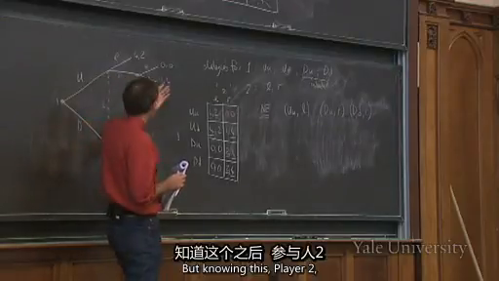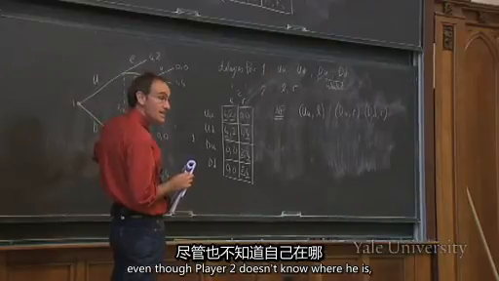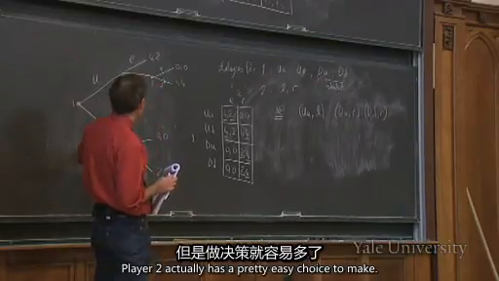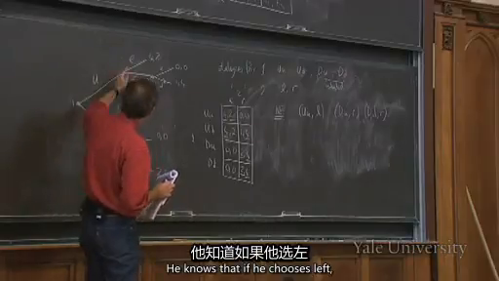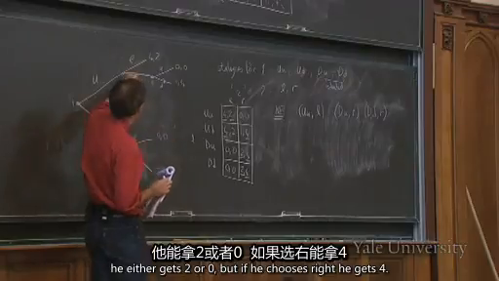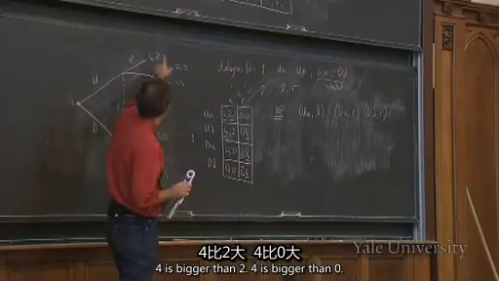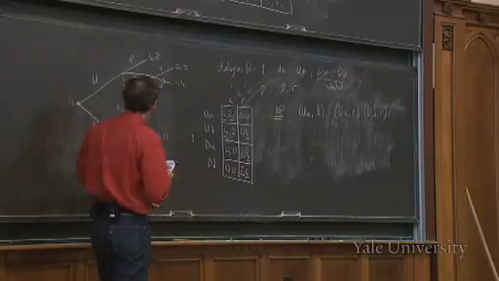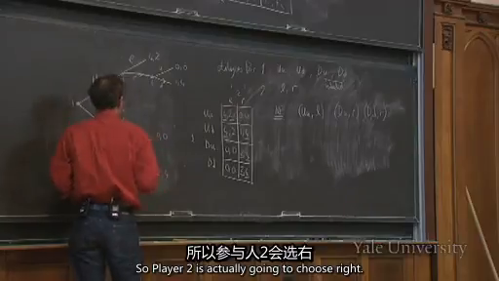But knowing this, player 2, even though player 2 doesn't know where he is, actually has a pretty easy choice to make. He knows that if he chooses left, he either gets 2 or 0, but if he chooses right, he gets 4. Right? 4 is bigger than 2, 4 is bigger than 0, so player 2 is actually going to choose right.